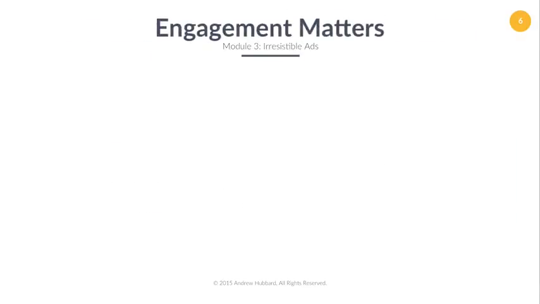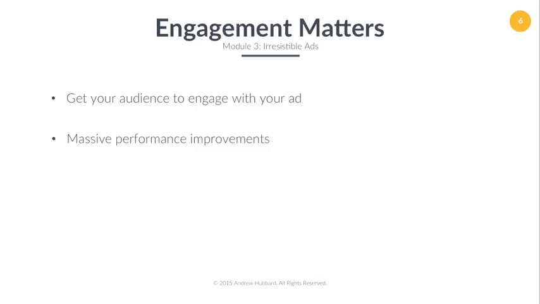Now that you're getting an understanding of how to create a great image and great copy, the last thing I want to talk about is getting engagement with your app install ads. And this is often something that's overlooked. But if you can get your audience to actually engage with your ad, then you know you're onto a real winner. And what do I mean by engage? I mean liking your ad, sharing your ad, or leaving comments with the ad.